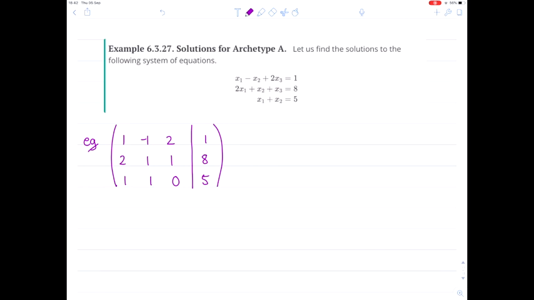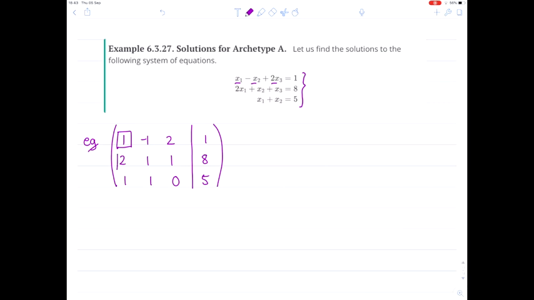So here we go. We've got another system of linear equations. We've got 3 variables, 3 equations. So I've gone straight ahead and put this into an augmented matrix, and off we go. So we already have a 1 in our top left, so we don't need to do anything to that.